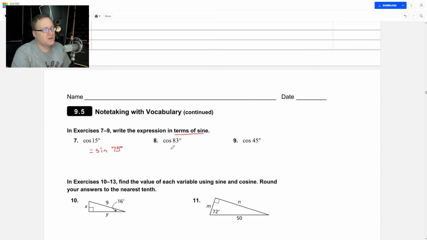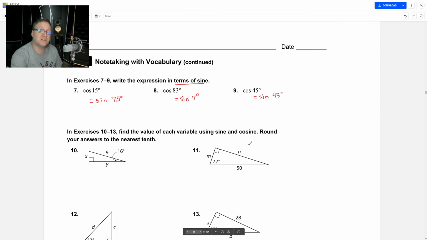And cosine of 83 is going to equal the sine of, well, 90 minus 83 is 7, so it equals the sine of 7 degrees. And the cosine of 45 degrees equals the sine of 45 degrees, because 90 minus 45 is 45. So that's how we do those three. Very easy.